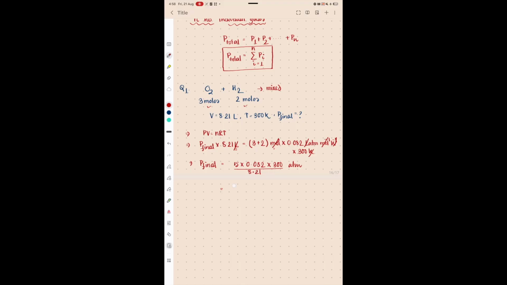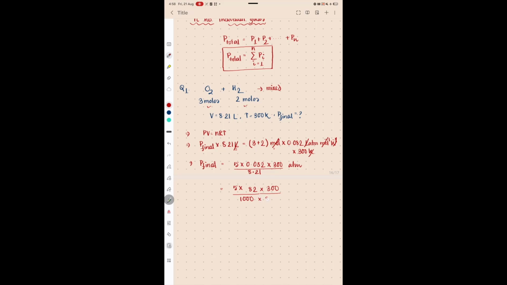If I say 82, then I have to divide it by 1000, and here is 300.